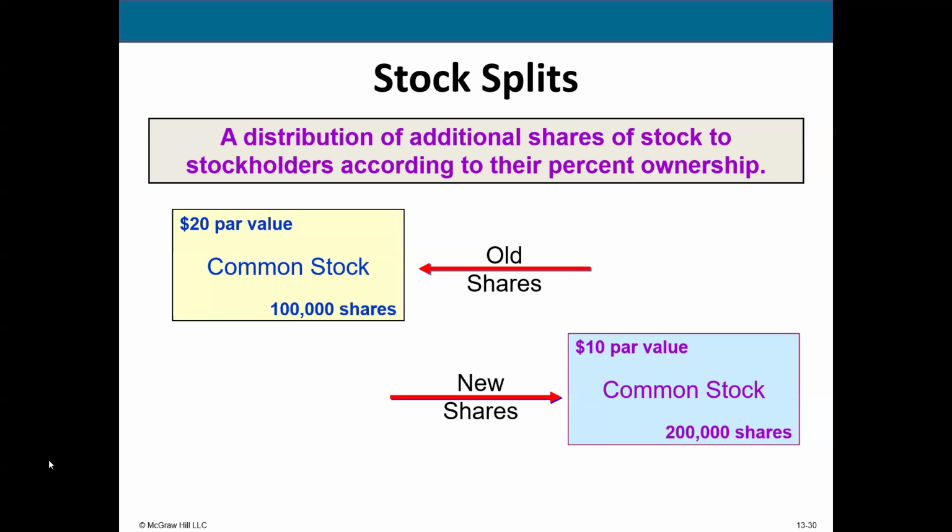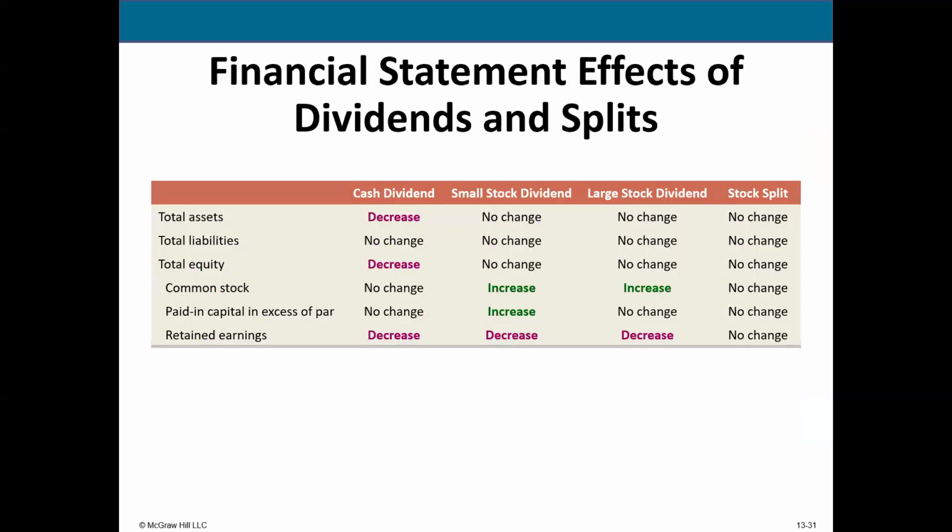So let me show you the comparison between the types of stock dividends that we've seen. So cash dividends, small stock dividend, large stock dividend, and stock splits. The cash dividends, these have the biggest impact on the financial statements.